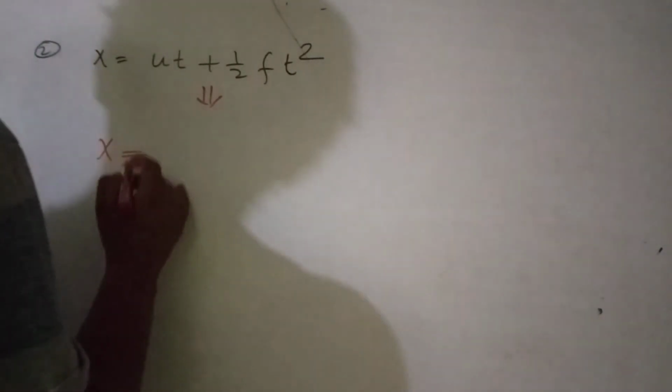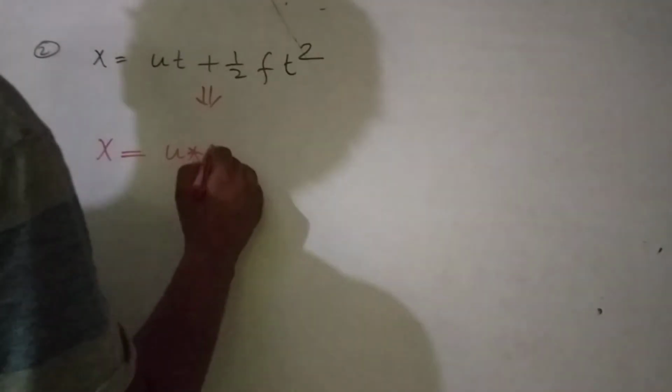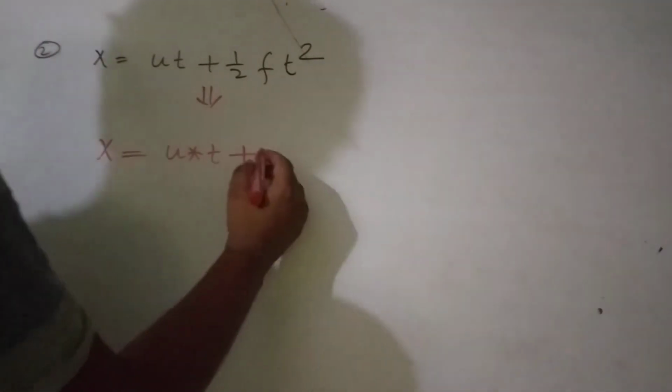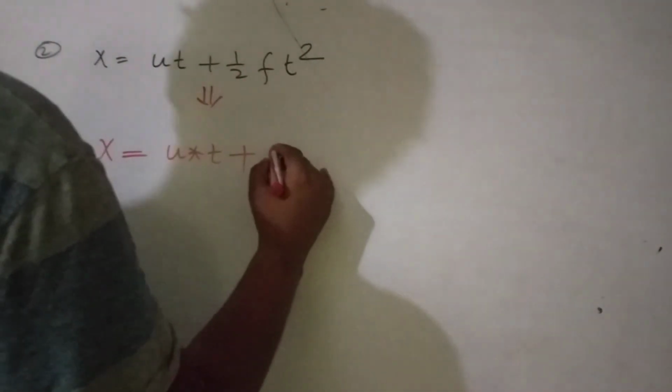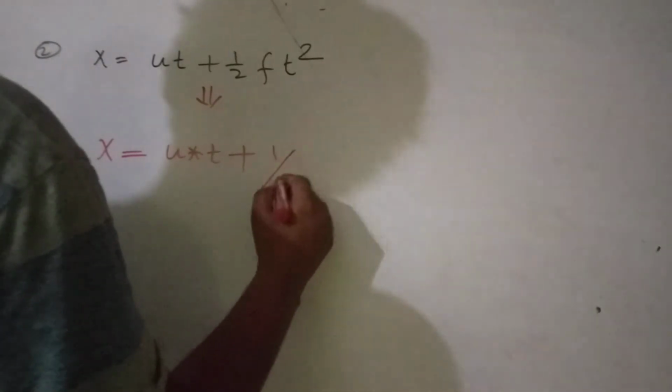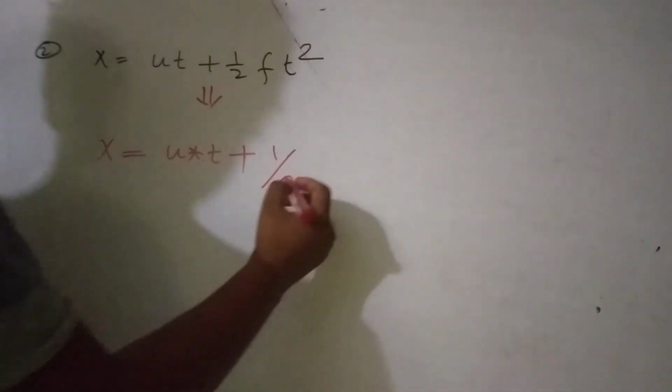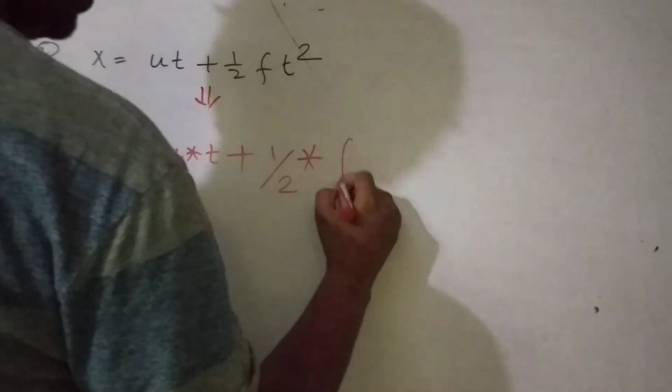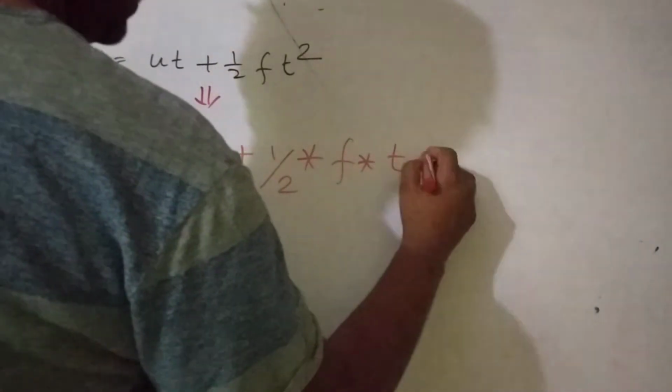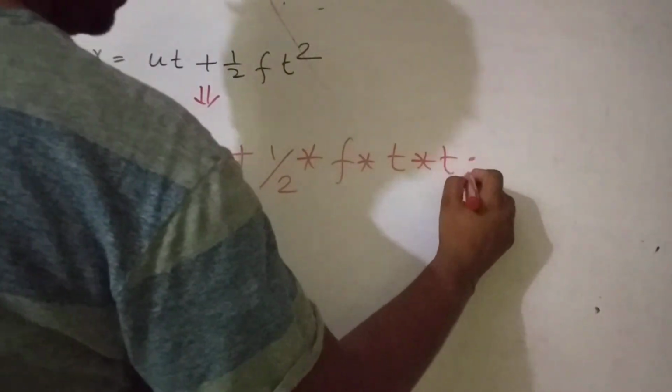So x is equal to u into t plus, this half can be written as 1 divided by 2 into f into t into t.